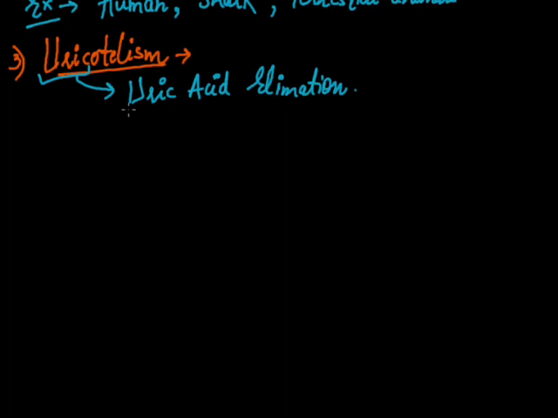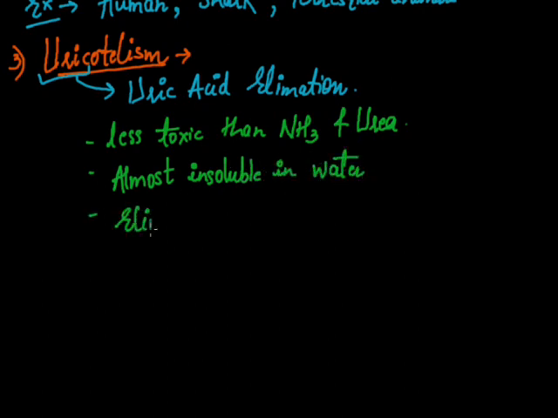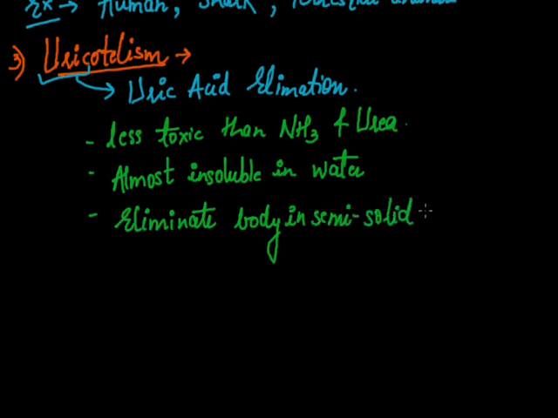Now uric acid is less toxic than ammonia and urea, and next it is almost insoluble in water and eliminated from the body in a semi-solid state, that is in the form of pellet or paste.